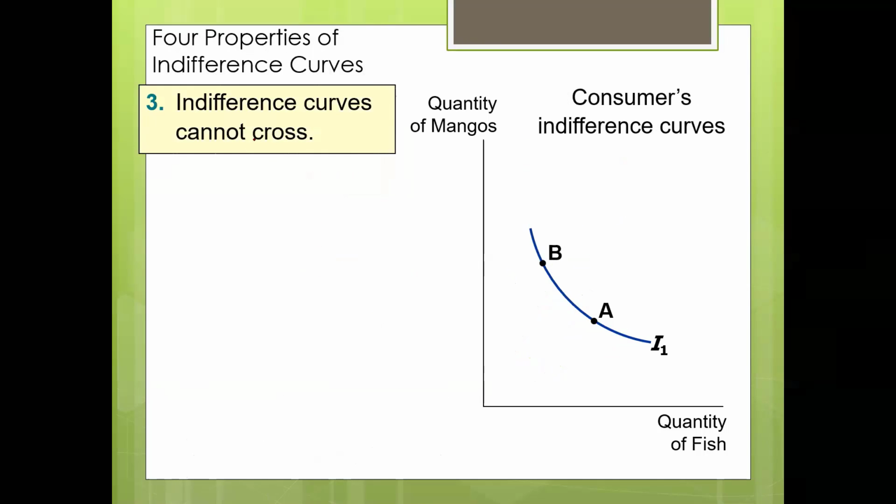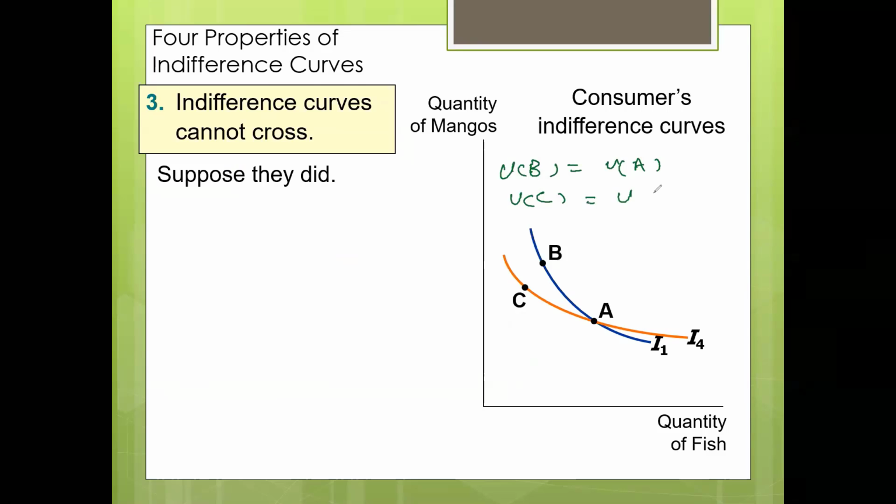Then the next property is that indifference curves do not cross each other. Suppose we draw two indifference curves and they are crossing each other. So logically, from this curve we notice that utility from B is equal to utility from A because they are on the blue line, and because of the red line, utility from C is equal to utility from A because both are on the red line.